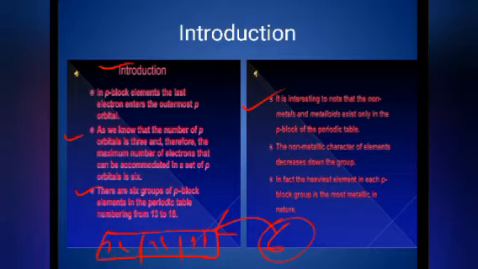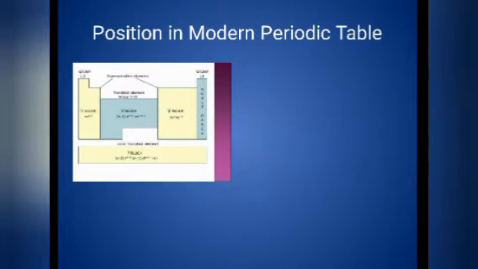It is interesting to note that non-metals and metalloids exist only in the P block elements of the periodic table. The non-metal character of elements decreases down the group. In fact, the heaviest element in each P block group is the most metallic in nature. So these are basic introduction. If you see the position in the modern periodic table, it is group number 13 to group number 18.